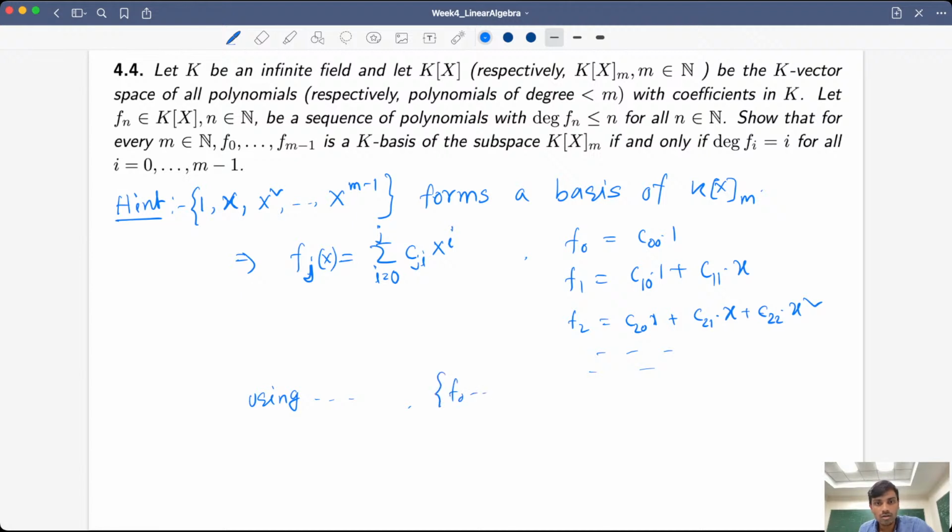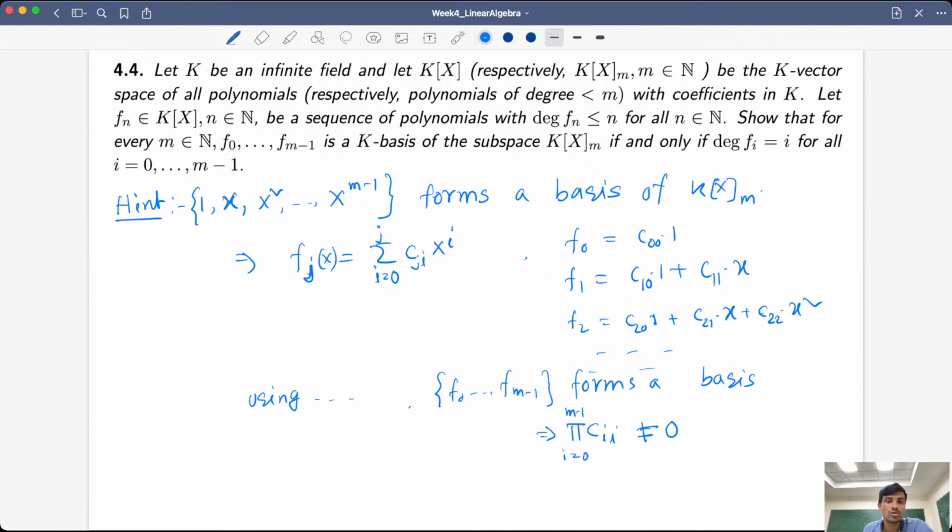So f0 up to f_{m-1} forms a basis if and only if the product of the c_ii, i equal to 0 to m minus 1, is not equal to 0. But if this is not equal to 0, that means none of the c_ii is 0.